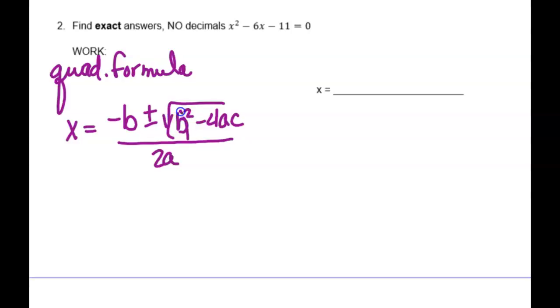And if it happens to be negative, the b needs to be in parentheses. Sorry, I didn't write that very well. You can't do these by graphing because you will get decimal approximates, okay?